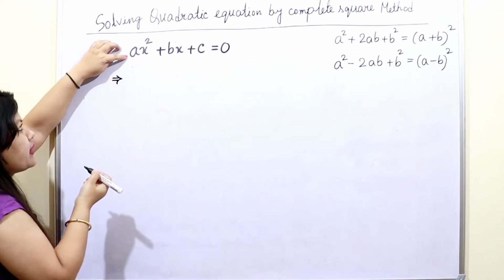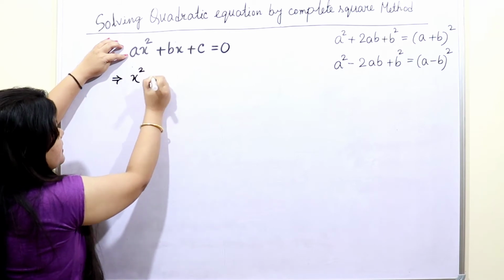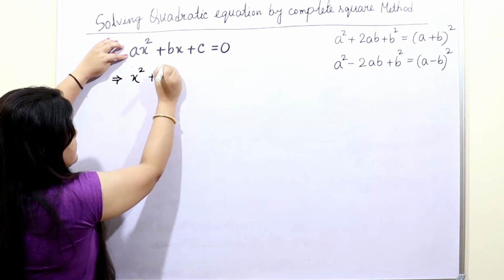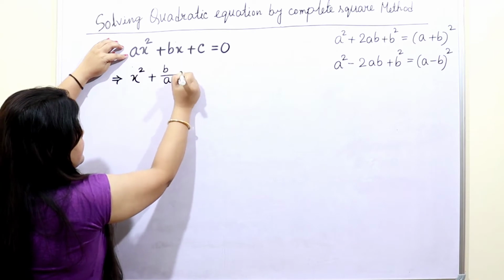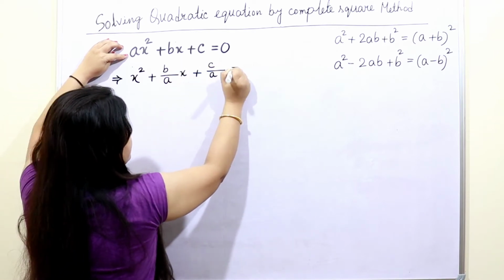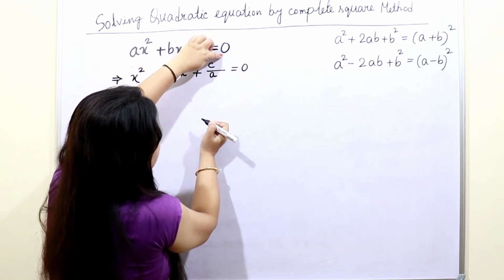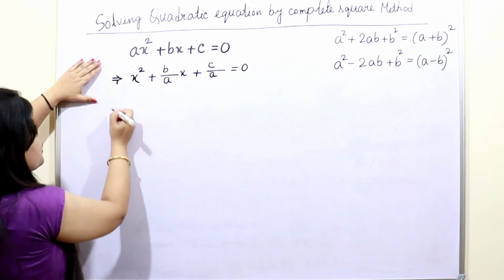Whenever we divide the equation by a, the first term becomes x square, the second term becomes b by a x, then c by a. The right hand side will be 0 because 0 divided by a is equal to 0.